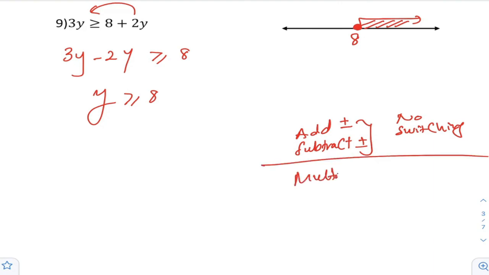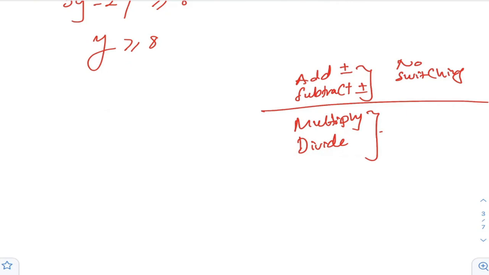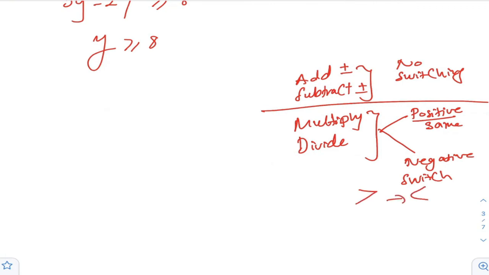Now, if you multiply or divide both sides of the inequality by a positive number, it will remain the same, no change. But if you divide or multiply by a negative number, then you need to switch the sign of the inequality. If it was greater than, it becomes less than. And if greater than or equal, less than or equal. And everything will be switched back as well.